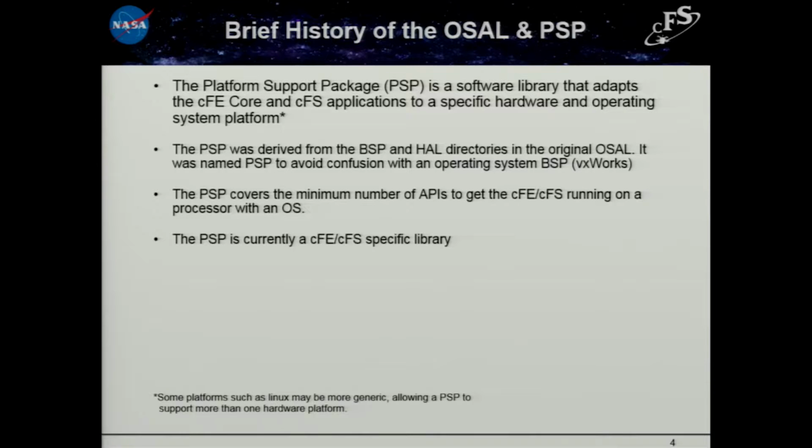We called it the PSP so we could avoid confusion with something like an RTEMS or VxWorks BSP. It was kind of hard to convey to management when you're talking about two different types of BSP. And currently, the PSP covers just the minimum amount of APIs required to get the CFS running on a platform, on a processor board and OS. And it's currently fairly specific, it's tied to the CFE, CFS.